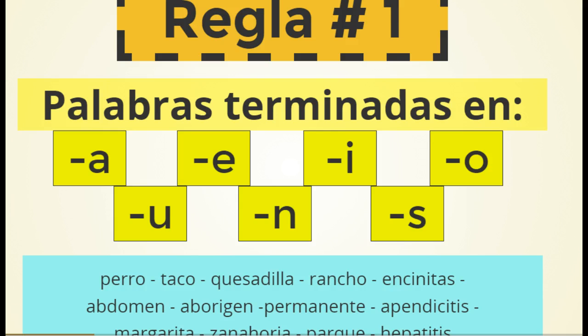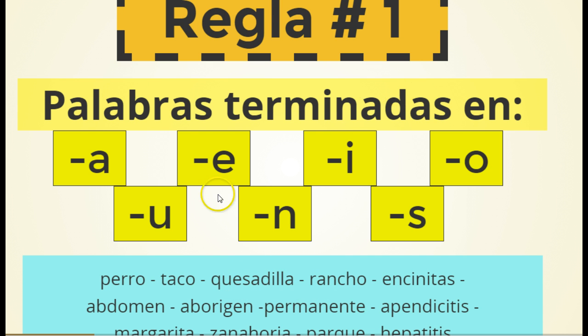Now, I want you to remember that the syllables in Spanish, we count them from the last to the first, all right? So you're counting, for example, quesadilla. The first one is ya, di es el número dos, sa es número tres, and que es número cuatro. All right, so we count the syllables from the last to the first.